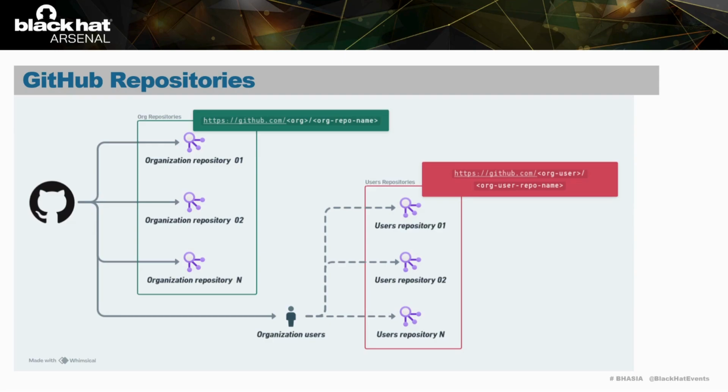So in most cases, if you are not on GitHub EMU, you would not have much control over organization users' repositories. Basically, the ones in red have to be taken care of.